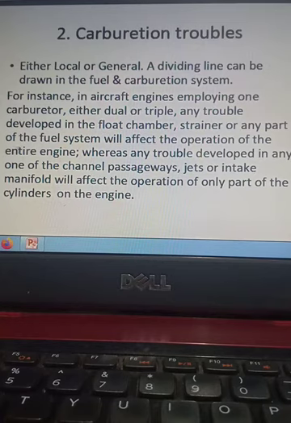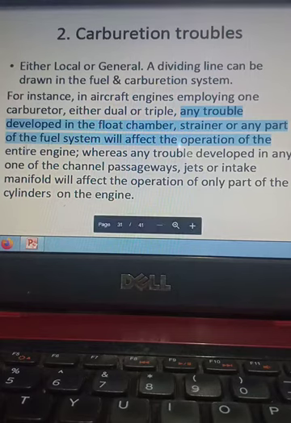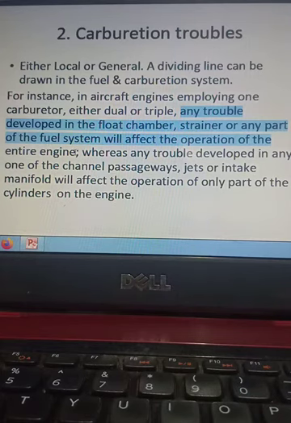That is for general, no? Any trouble developed in the flow chamber, strainer, or any part of the fuel system will affect the operation of the entire engine. Okay? That is for general.